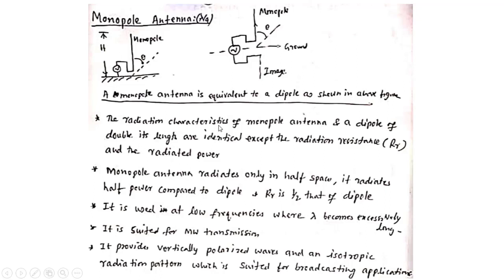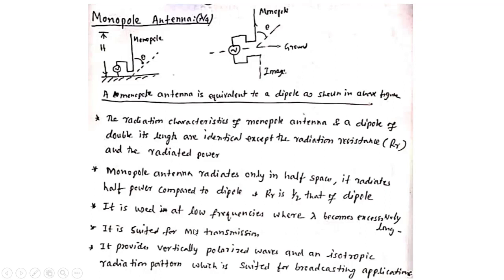The radiation characteristics of a monopole antenna and a dipole of double its length are identical except the radiation resistance RR and the radiated power. Monopole antenna radiates only in half space. It radiates half power compared to dipole, and RR is half that of dipole.